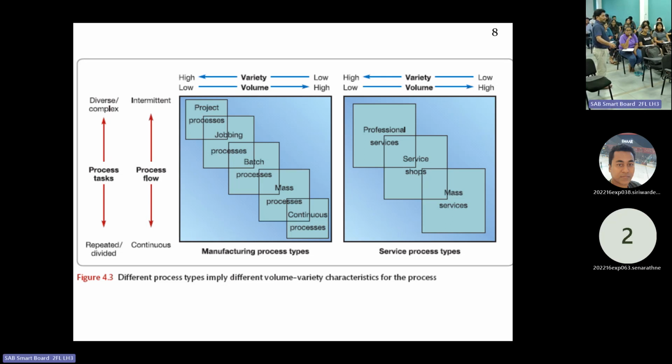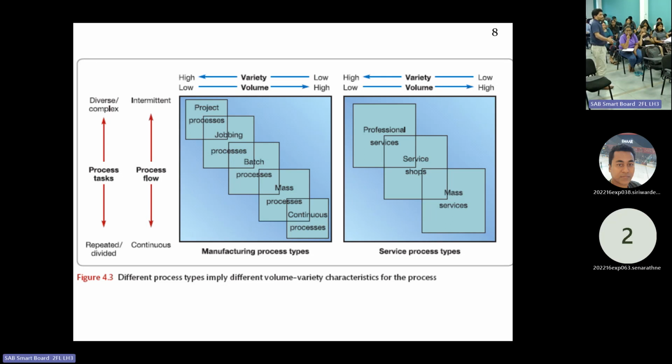So accordingly, it nicely summarized. In the same manner, the service processes. Professional services: low volume, high variety. Service shops: moderate volume, moderate variety. Mass services: high volume, low variety.